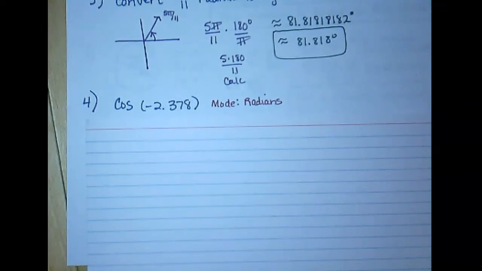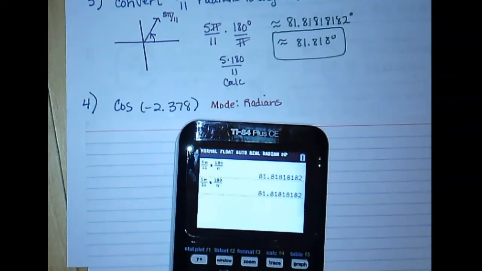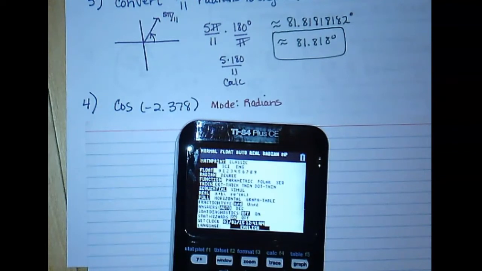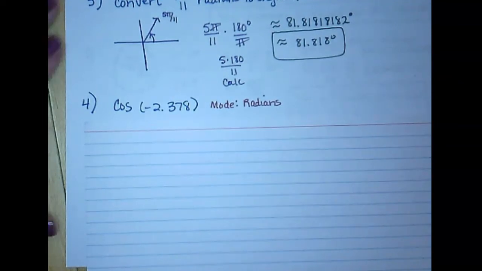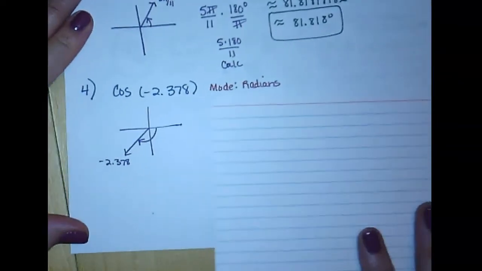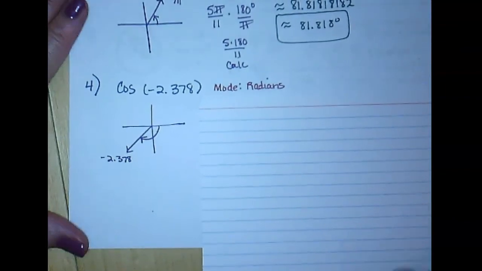So the first thing that I would notice is that my calculator needs to be in radian mode, so I would go into my calculator, press the mode button, and make sure that I have radians highlighted. And then I'm going to draw a picture, so negative 2.78 is going to be roughly right there.